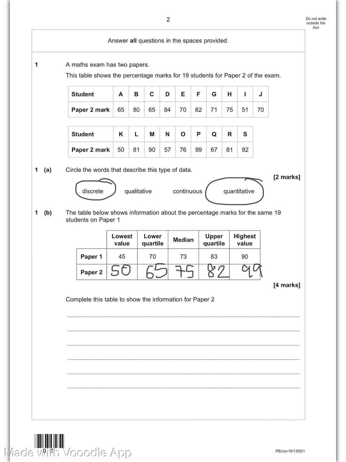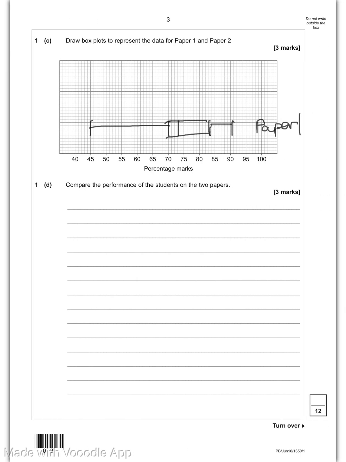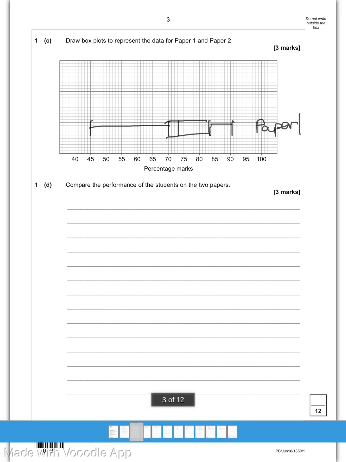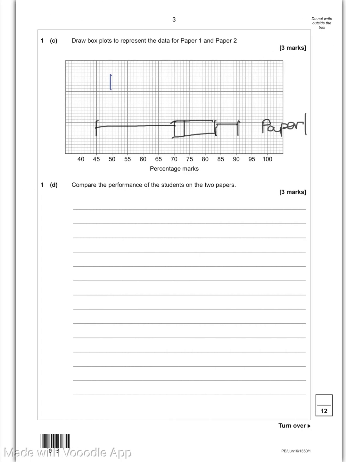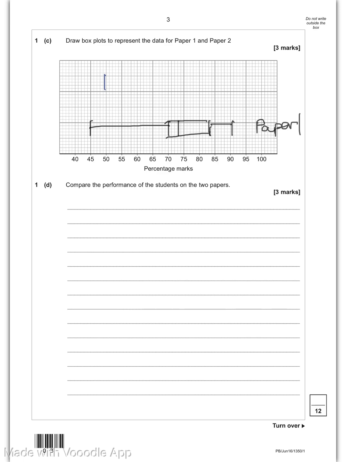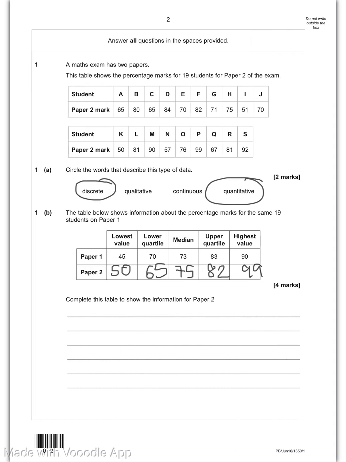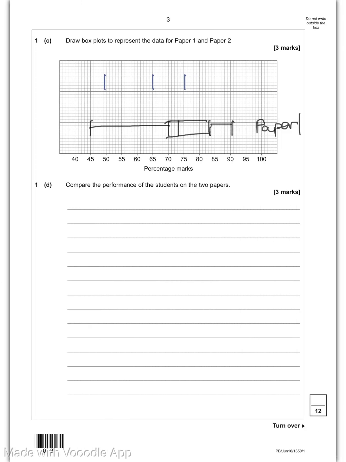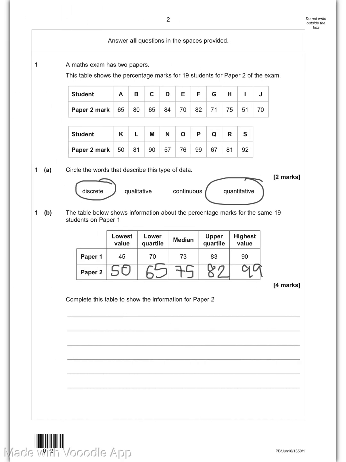Okay, paper 2 now. So 50. 65. 75. 82. And 99.